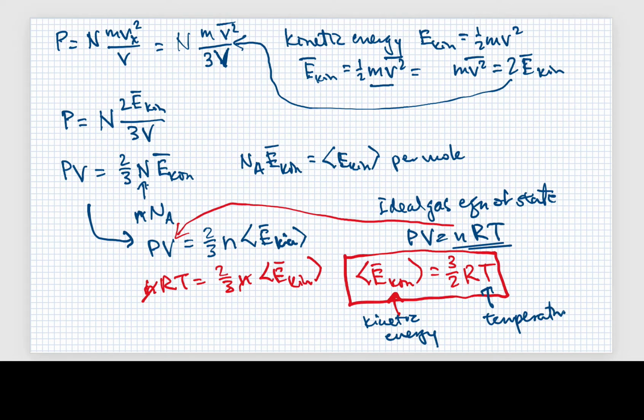So you can think of this as a way of defining what temperature means. When temperature increases, what you're increasing is the average kinetic energy of the particles in a system. This is a really important fundamental relationship, and it tells us that when things get hotter, it means they're moving faster. And when things get colder, it means they're moving slower.